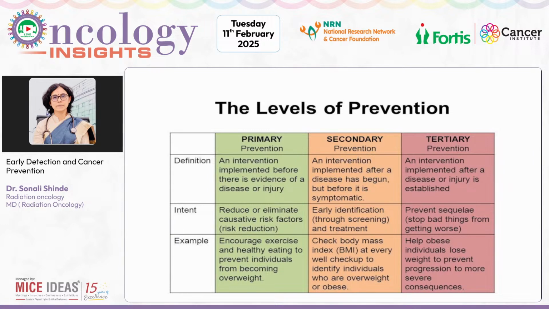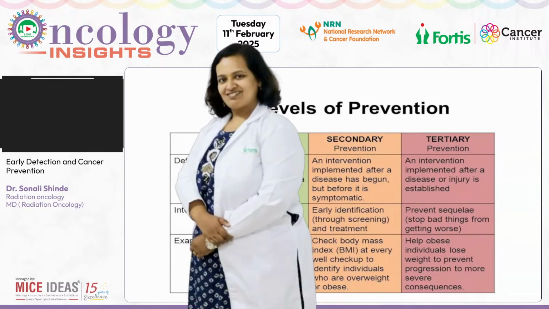The clinical breast examination, the person has to get yearly from about the age of 20 years. And mammogram, that is a bilateral mammogram of the breast, is preferred between the age of 40 to 50 years annually, and above 50 years it has to be done biannually, that is every 2 years once.